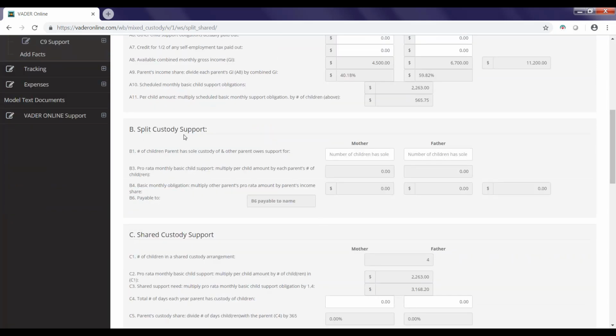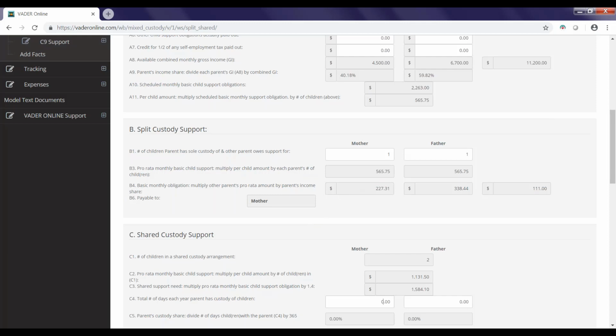So for split custody support, let's assume that mom has 1 child primarily and father has 1 child primarily. VADER calculates that the amount that dad owes to mom because of his higher income is $111 per month. So we've dispensed with the calculation for 2 of the children.